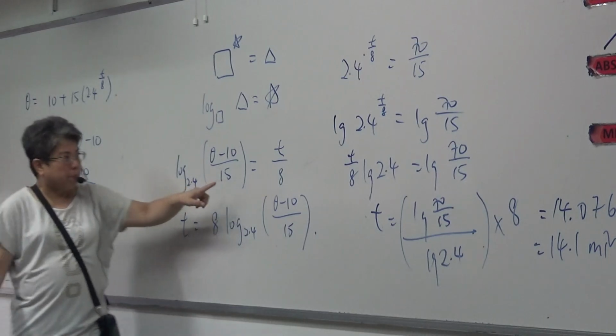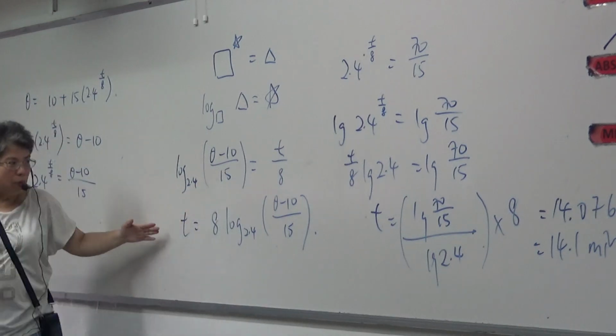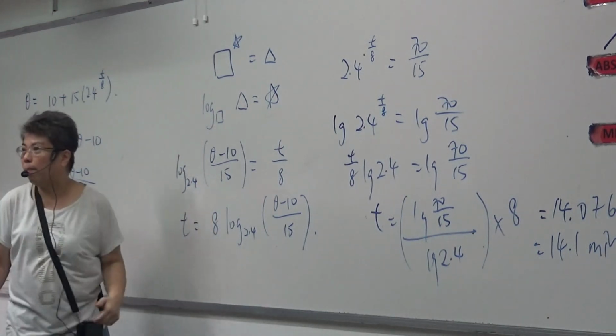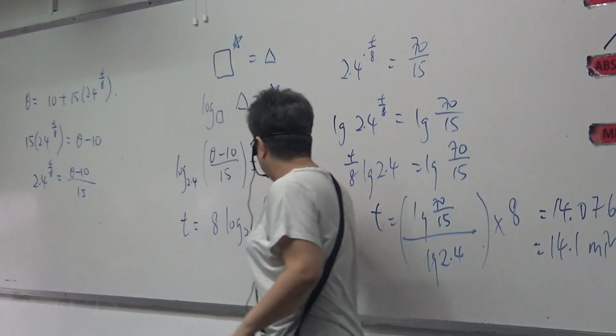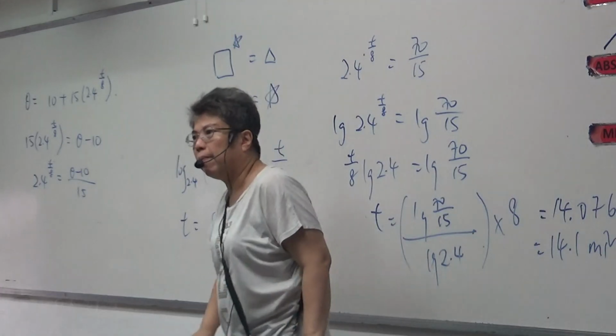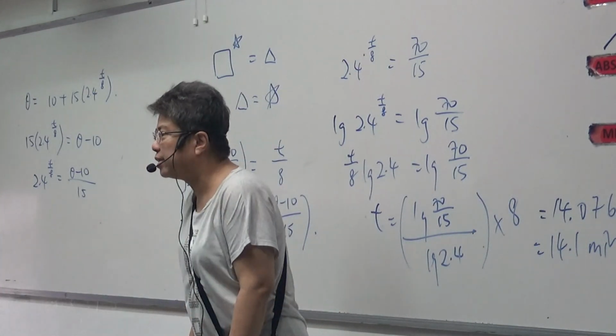But because there's only one t, I bring the 8 over. Understand now? Then some people will ask, must I put the 8 in? No need, just leave it like that. Everybody clear with what I'm talking about? Yes or no class? Yes.